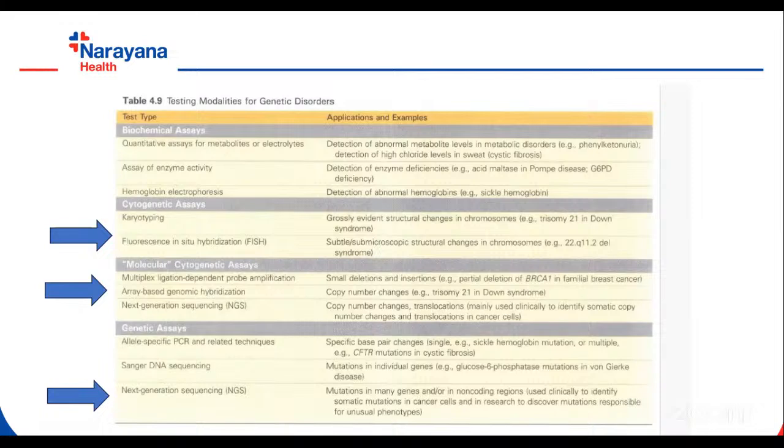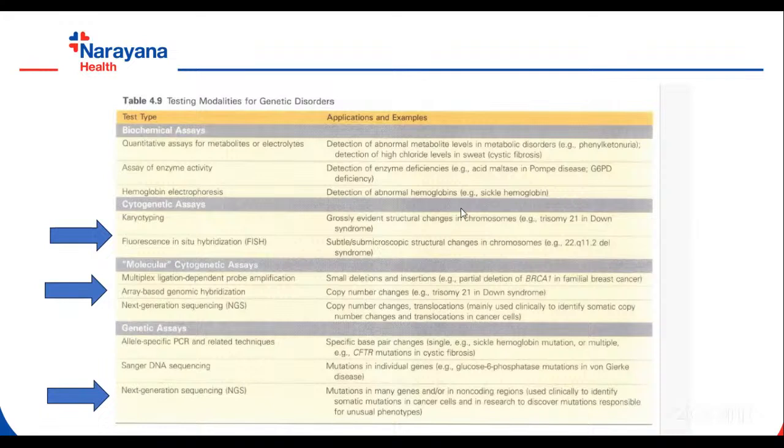Then again, a test of microarray-based genomic hybridization, which gives copy number changes. This is also done in a lot of pediatric neurology cases, pediatric endocrinology cases, and your whole NGS basically, which is next generation sequencing, which is done to give any kind of genetic chromosomal aberrations.